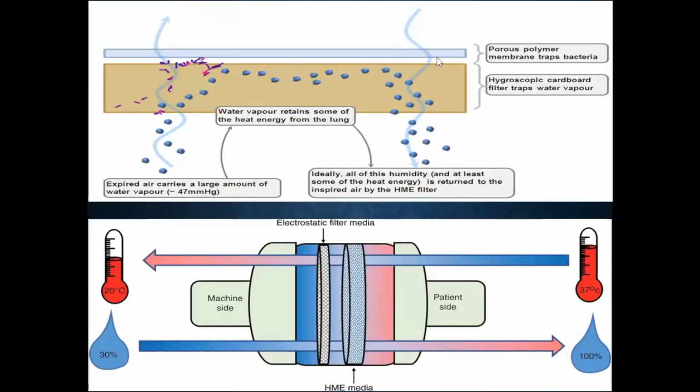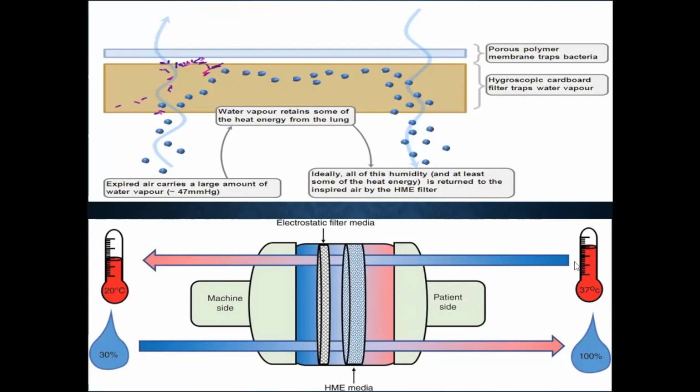Okay, how do they work? You see this is the machine side, this is the patient side. The humidification, you see, from 30% goes to the patient at 100%, but the heat comes down to the machine side. From the patient, from 37 degrees Celsius, it conserves the heat here and goes to the patient side. So when the fresh gas flow goes back, the heat is being given to the patient.